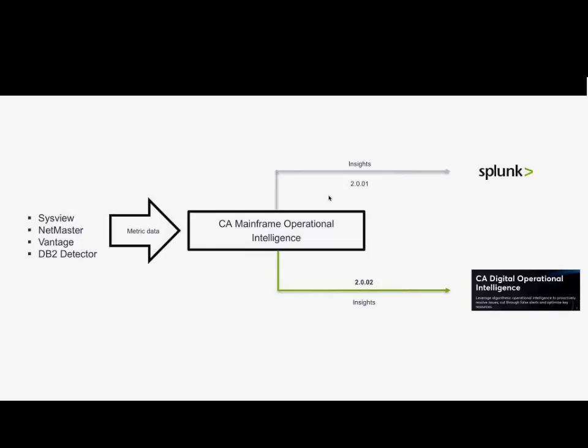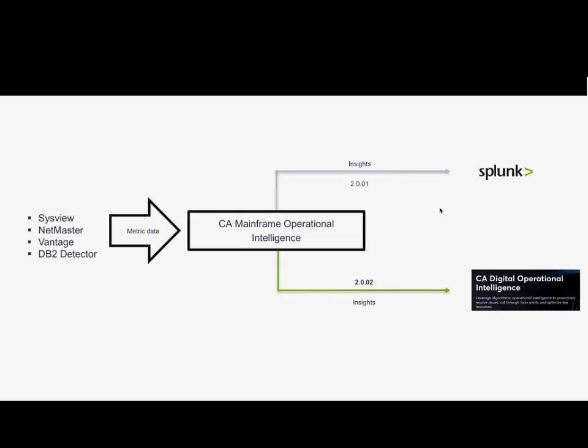Why was this done? Because if you start streaming the entire mainframe data to Splunk, it is going to be a very costly affair. So we reduced that cost because whatever insights have been generated in MOI are sent directly to Splunk.